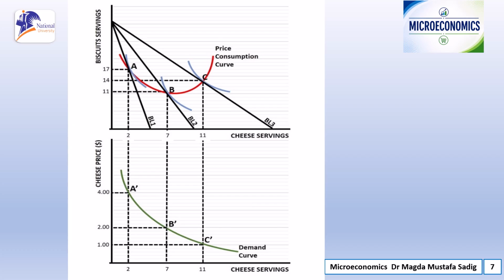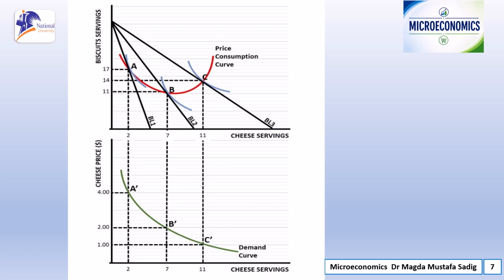In the top line, we have the price consumption curve, where we have budget line 1 and the blue A is the indifference curve, and A is the tangent point. Then we have budget line 2, where the cheese prices get lower, so the quantities increase, so the budget line rotates to budget line 2.